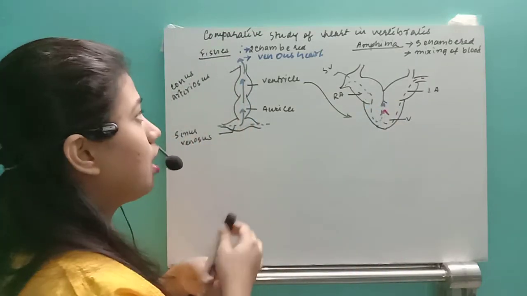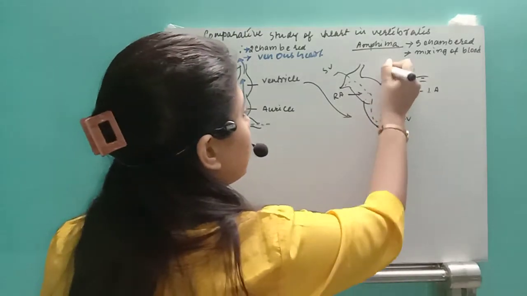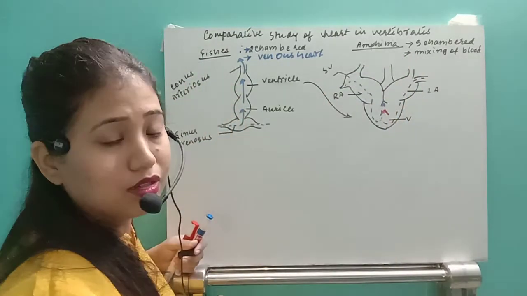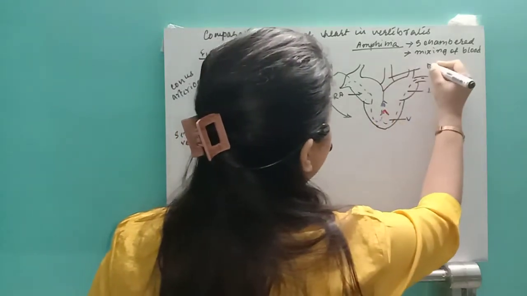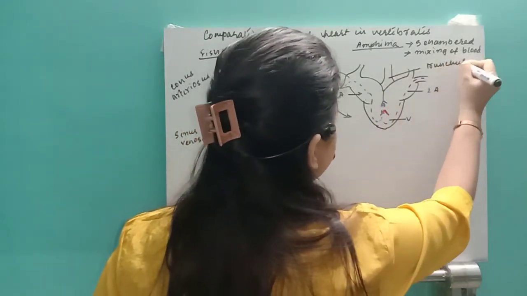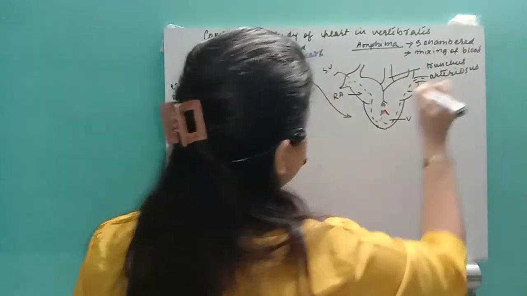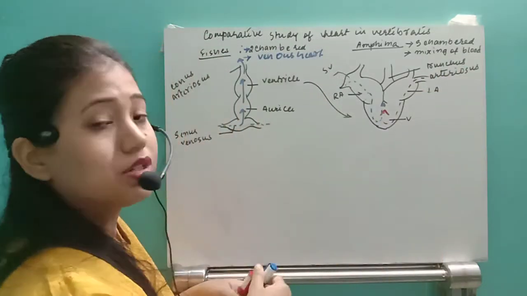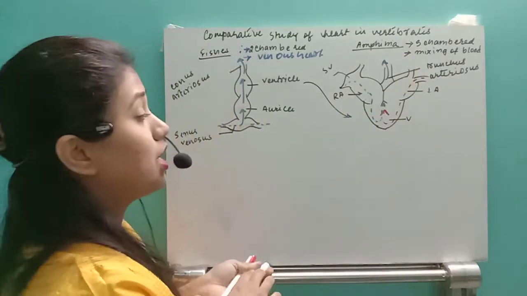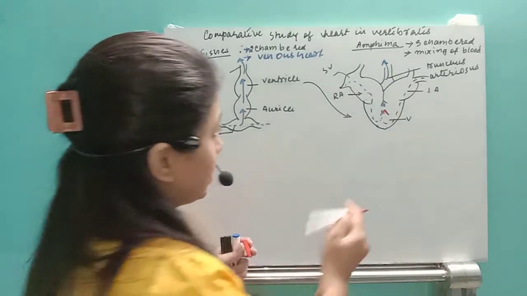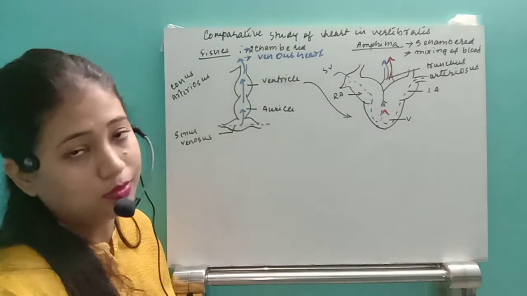Wherever in the fishes the conus arteriosus was there, that will blend with another artery and it will now be known as the truncus arteriosus, where both the oxygenated as well as deoxygenated blood will be pumped outside. So that's why we say here that mixing of blood occurs.